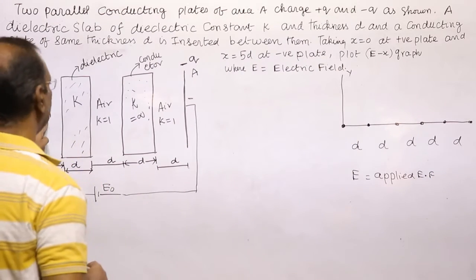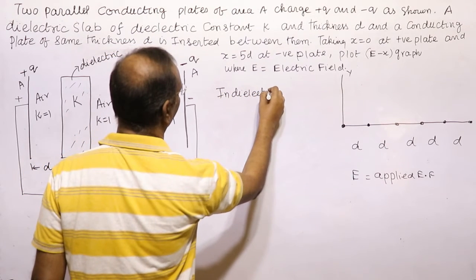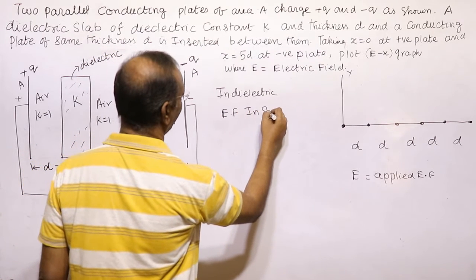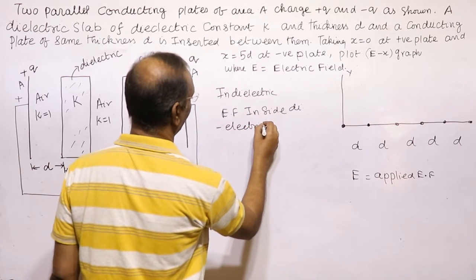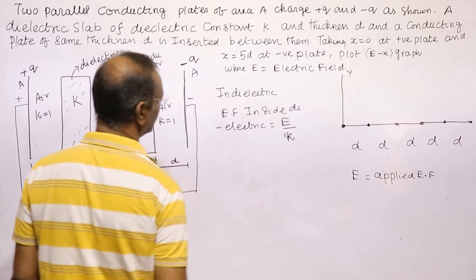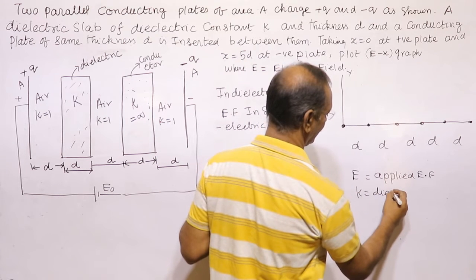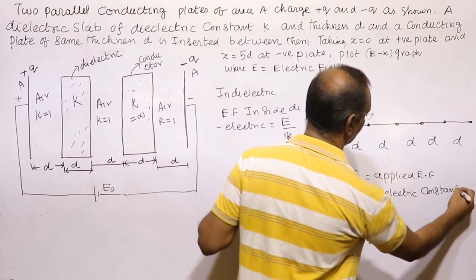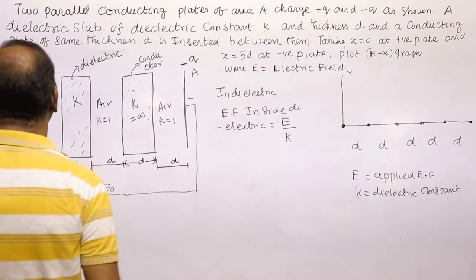So we know that the electric field inside a dielectric is equal to the applied electric field divided by the dielectric constant K. Now, what is the electric field for air?